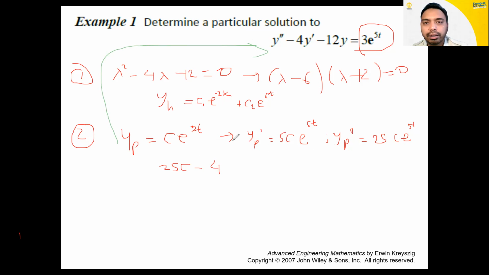And then 4 times 5C, minus 12 times C, and then it should be multiplied by e to the power of 5t, equal to 3 times e to the power of 5t.